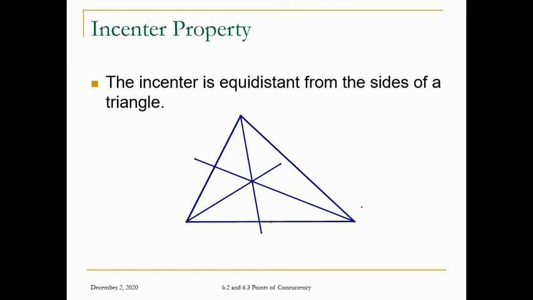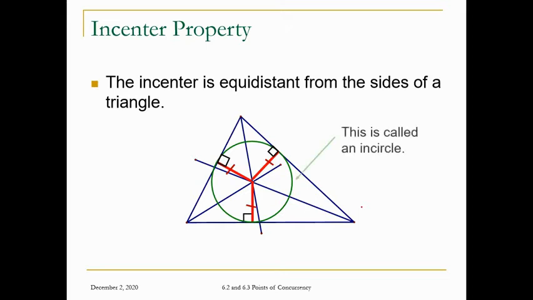The incenter is equal distance from the sides of the triangle. So if you draw from the incenter down to each side of the triangle, notice how they are all equal distance. Also notice that you can draw a circle and those lines then become the radiuses of that circle. And that circle is called an incircle.